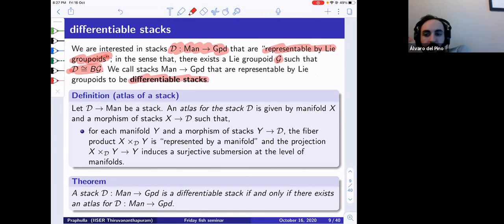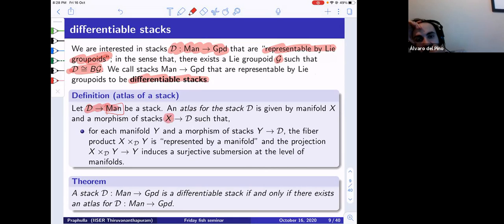So let me start with the stack D over Man. An atlas for the stack D consists of a morphism of stacks from X to D, where X is an object of the category of manifolds.